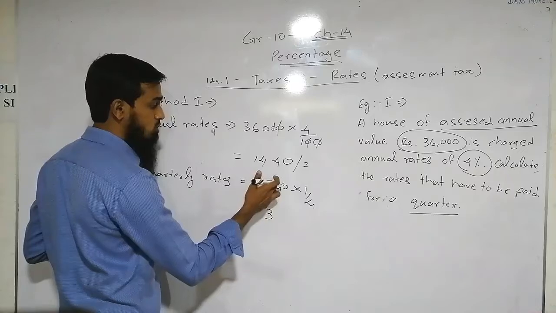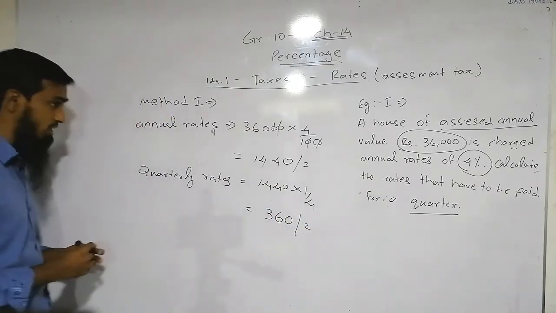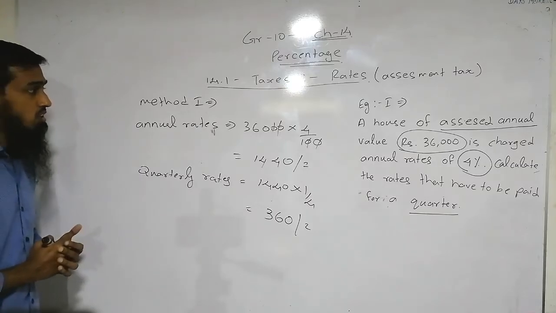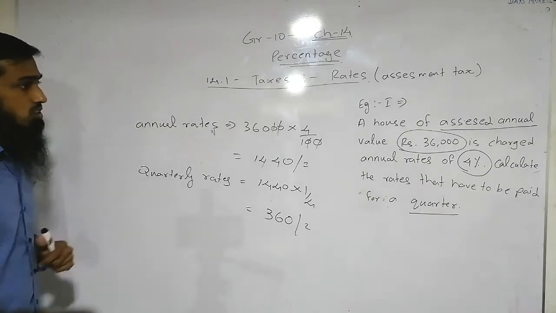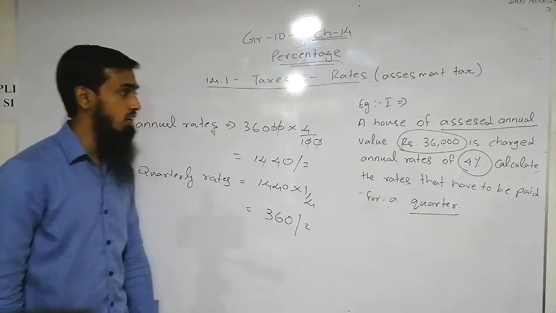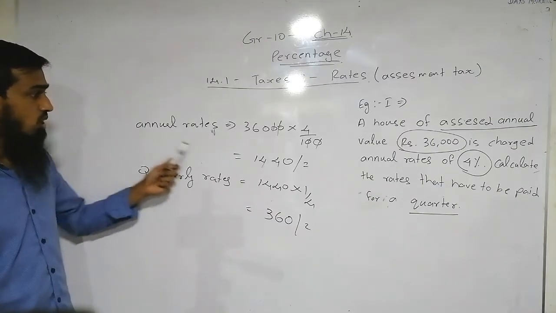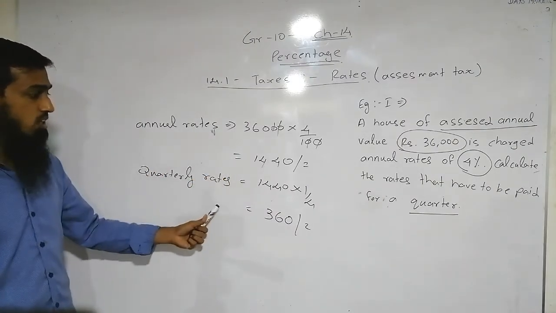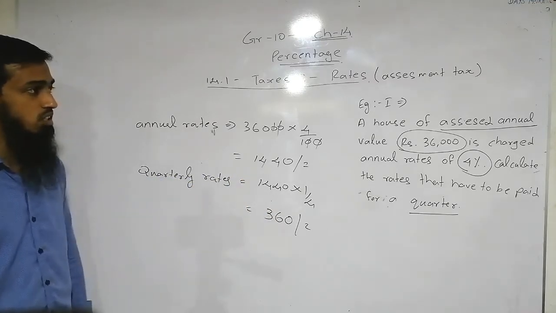The remaining is 24, that is 6 times, 360 rupees. So that's our style. They asked to calculate the quarterly tax rates of a house. First we find the annual rates, then we find 1/4 of the annual, because they are asking the quarter. 360 rupees.